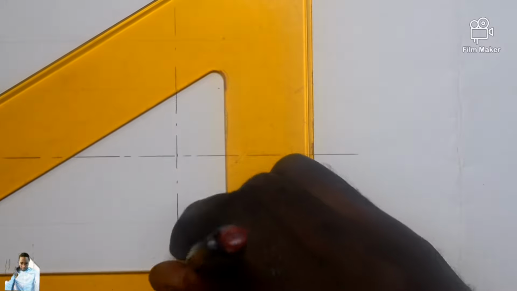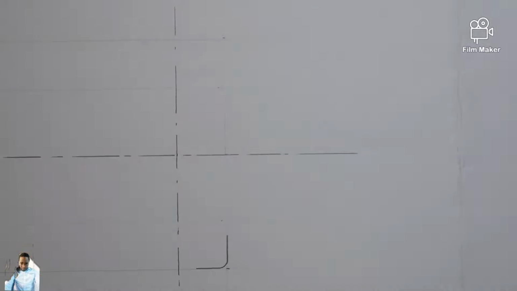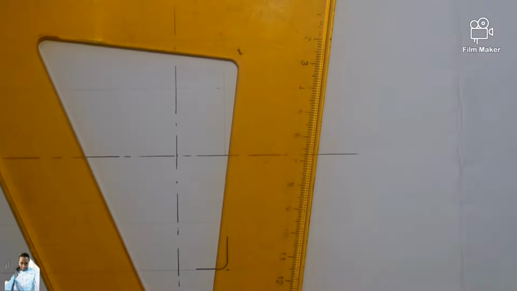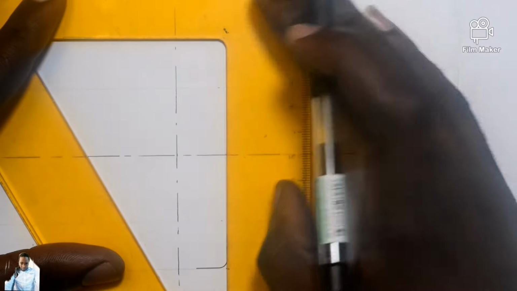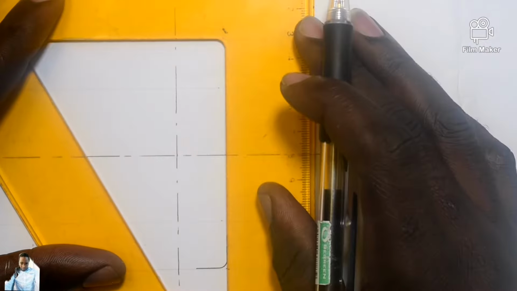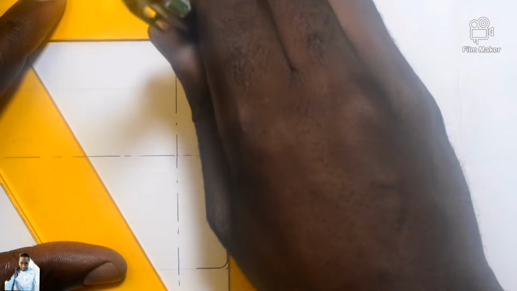There you go, as long as you are accurate. What I did up there, I can do down here as well. I'm drawing at night, so you have to be careful. Just this one.